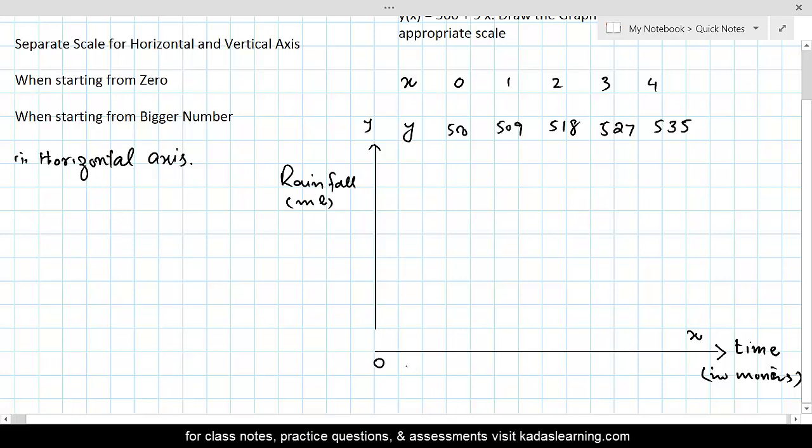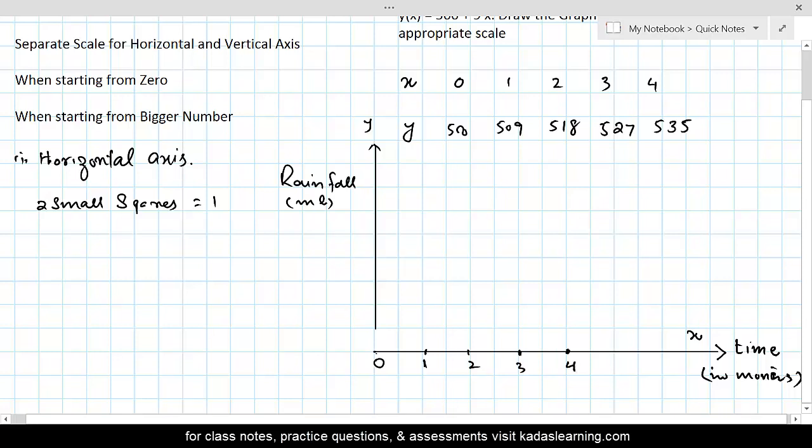But because we have only 5 values and there is enough space, we can take two small squares equal to 1. So if this is 0 here, then this would be 1 here, and 2 over here, 3 over here, and 4 over here.